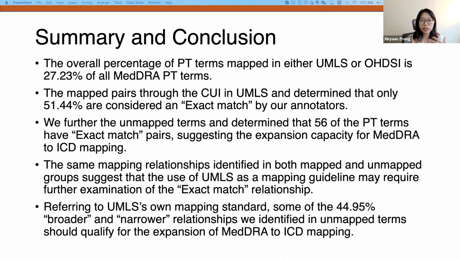We further evaluated the unmapped terms and determined that there are still 56, around 2.5%, that have an exact match pair from the unmapped group. And the same mapping relationship that we identified in both mapped and unmapped groups suggests that the use of UMLS may require further examination for its exact map relationships, and that we believe there is a potential for expansion to the MedDRA and ICD mapping.